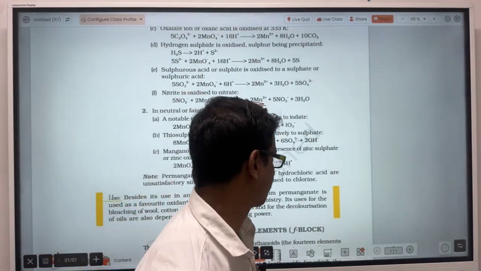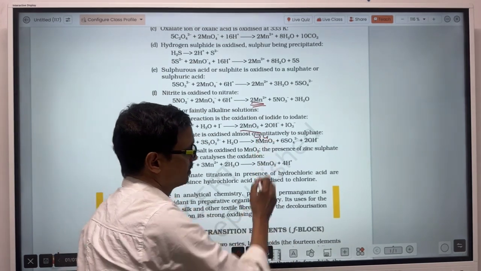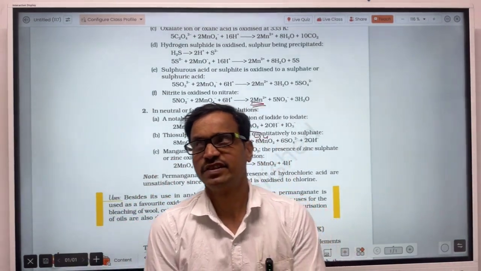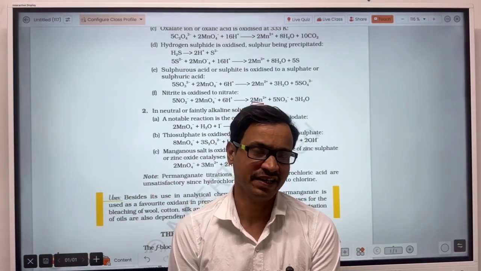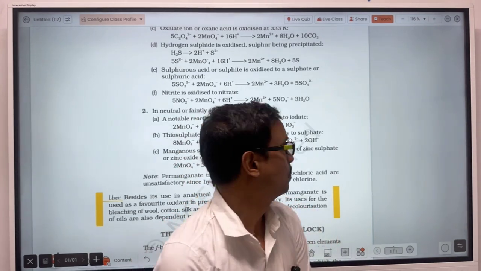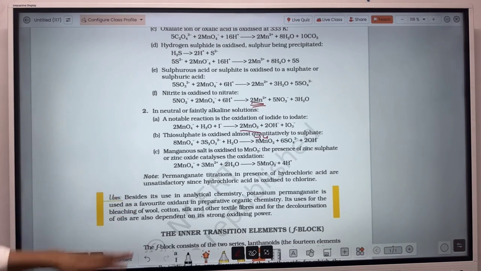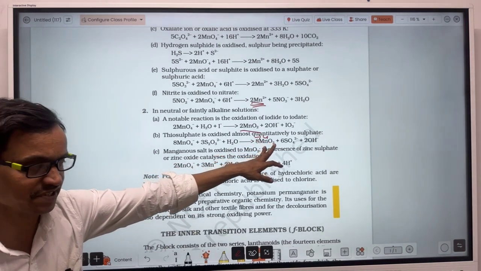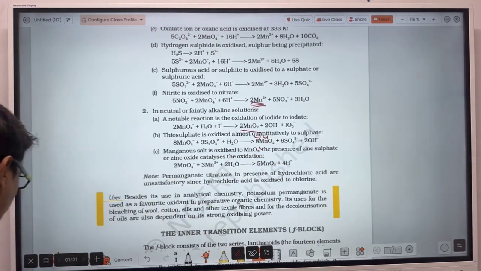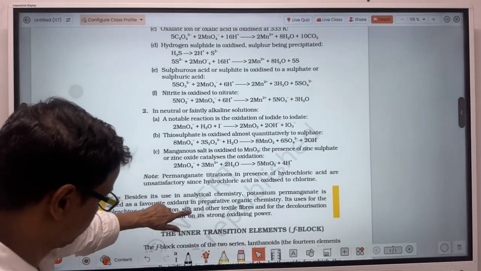Only one thing you have to keep in mind: in acidic medium the permanganate ion goes to Mn2 plus, and in neutral medium it goes to the +4 oxidation state, that is MnO2.